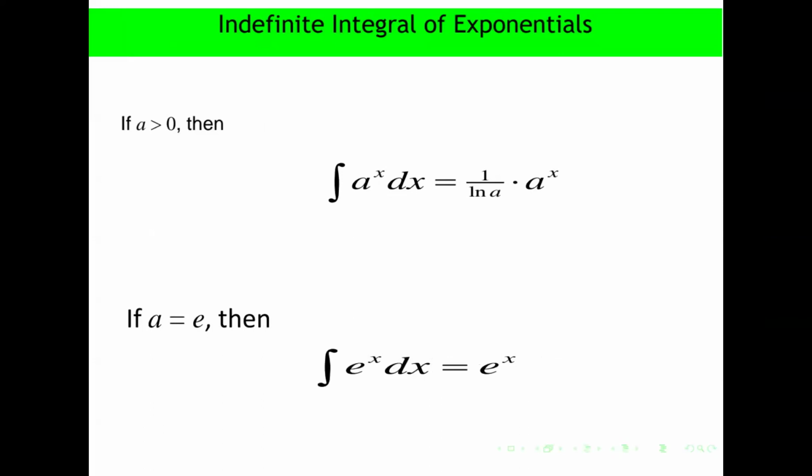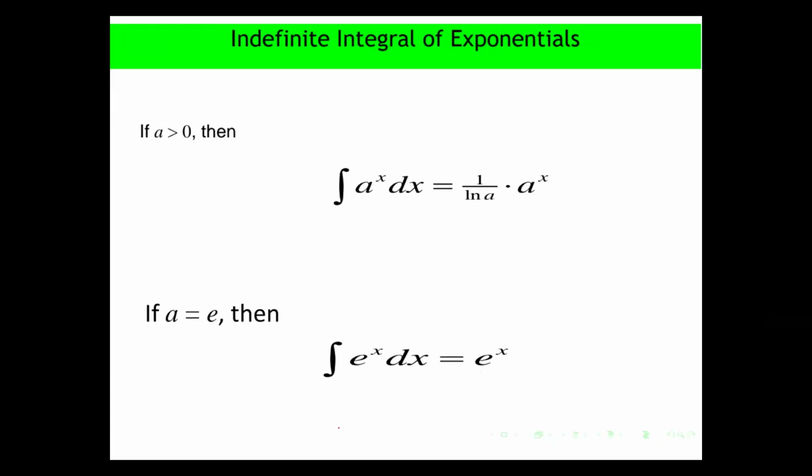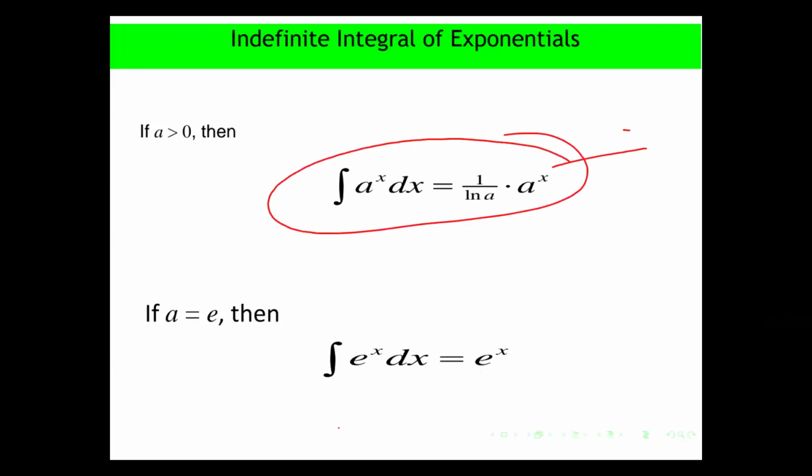Now, what if you are given, because the rules are these, we have already said these are exponential function rules. What if now a is equal to e? Let's say there is no a, there is no number.